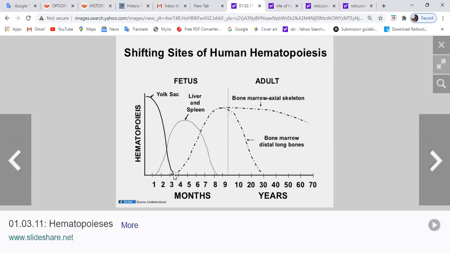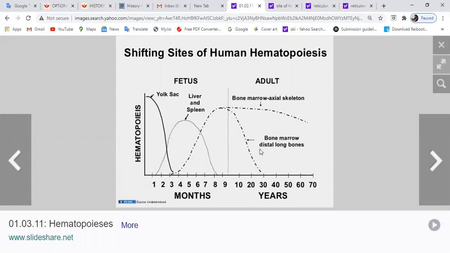Then the function is taken up by the bone marrow of the axial skeleton. And as you see, the bone marrow of the distal long bones will go down and down around 30 years.